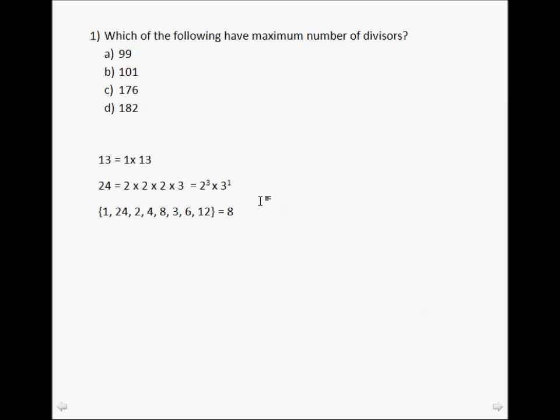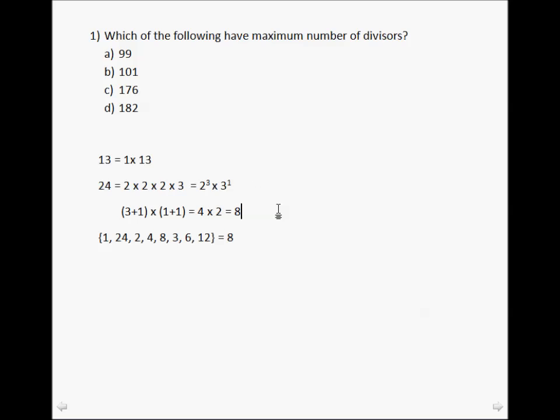So there can be 4 ways of choosing 2. In how many ways can we choose 3? There can be 2 ways. We can choose either 0 3 or 1 3. So the number of factors would be 3 plus 1 into 1 plus 1, which is equal to 4 into 2, which is 8.